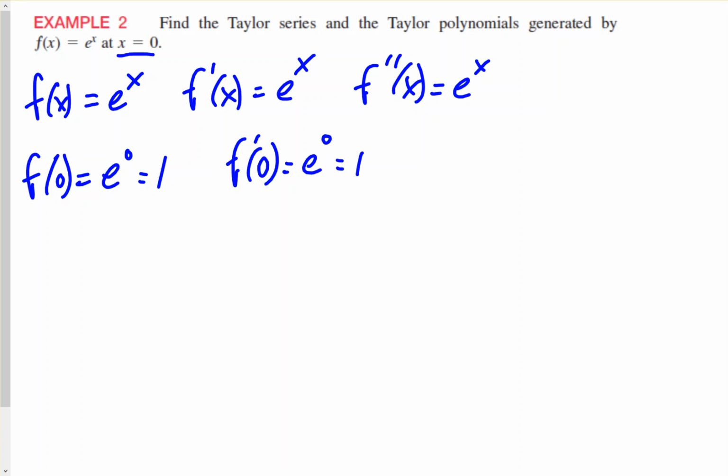So in general, we know that the nth derivative of e to the x is also e to the x, and the nth derivative when we evaluate at 0 would equal 1 for every number n in the Taylor series.